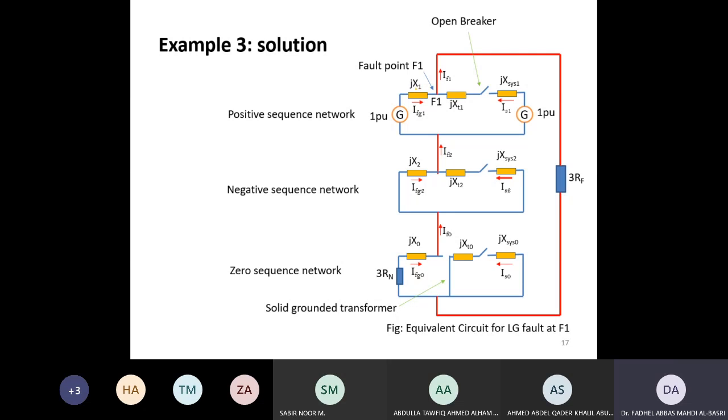This is now the positive sequence reactance of the generator, the positive sequence reactance of the transformer, and the positive sequence reactance of the system. Instead of positive sequence, it was negative. Normally, the negative sequence impedance of the transformer is the same as the positive sequence, similarly for the system. However, for the generator, the negative sequence is different than the positive sequence.